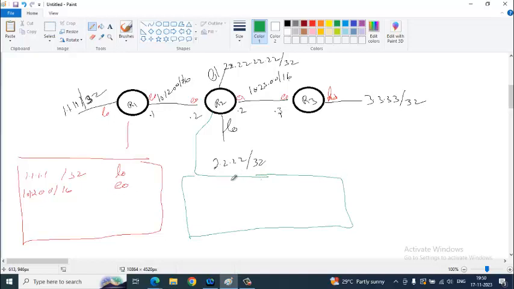And then in R2, if you see, you got 4 connected networks. One is loopback 0, another one is loopback 1, another one is Ethernet 0, another one is Ethernet 1.